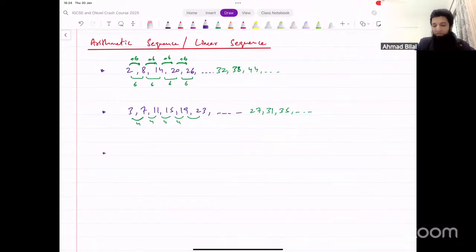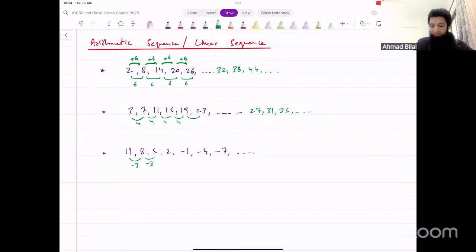So you could have something like this as well. For instance, you might start with 11, and then you might have 8, 5, 2, -1, -4, -7, something like this. You see what's happening? The difference between the consecutive terms is -3, because the terms are decreasing.